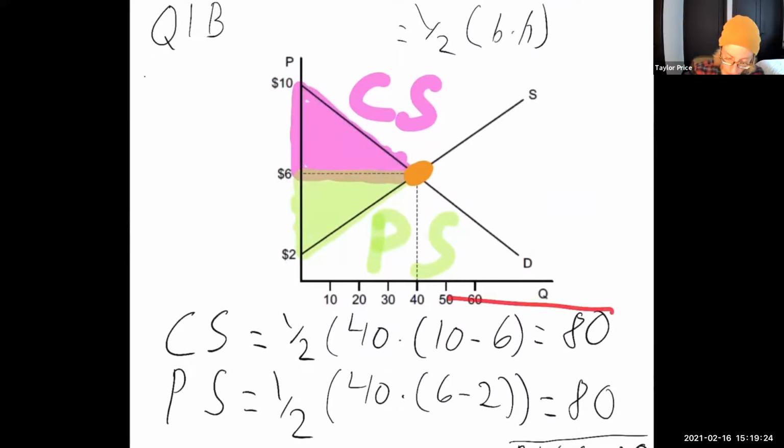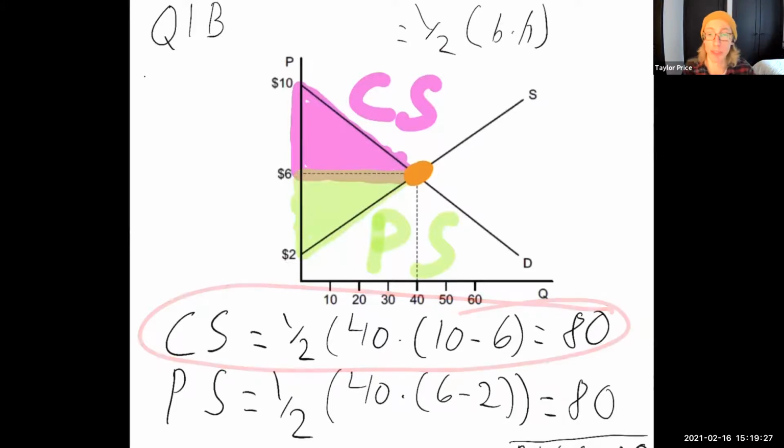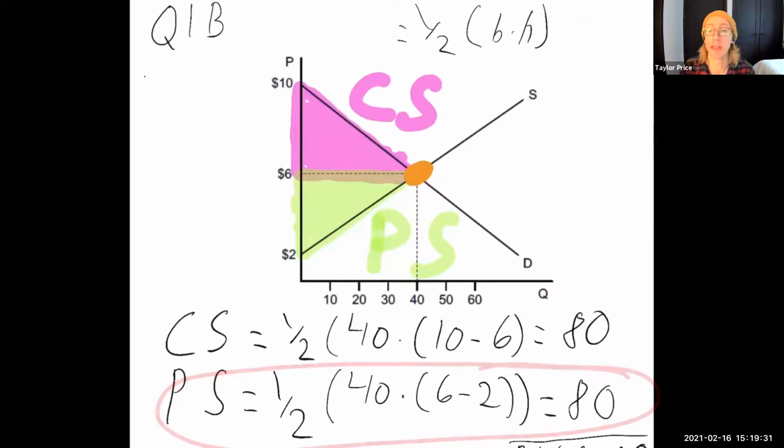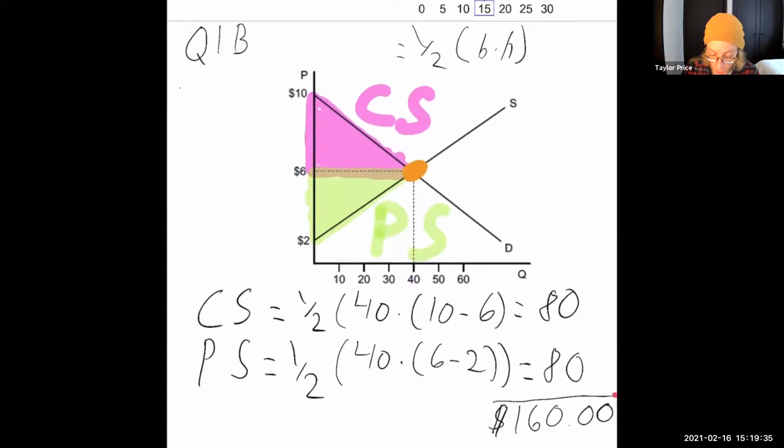So when we compute the consumer and producer surplus, consumer surplus in this market is 80, and producer surplus is also 80. That leaves us with a total surplus of 160. The total surplus in this market is $160, evenly split between the consumers and the producers.